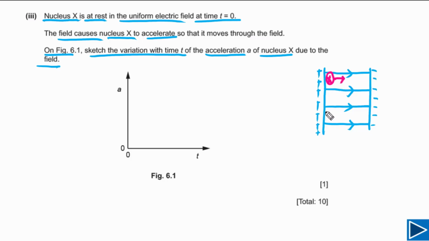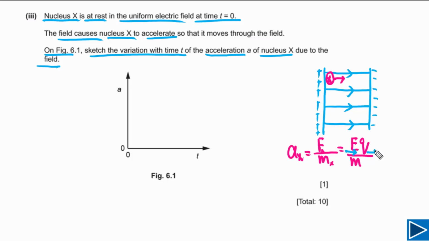Now we need to find out how a will change with time. If we look at this nucleus X and need to calculate its acceleration, that will simply be equal to the resultant force on nucleus X divided by the mass of nucleus X. The net force acting on this particle is only the electric force, so we have written EQ over M. E is the same because the electric field is uniform.